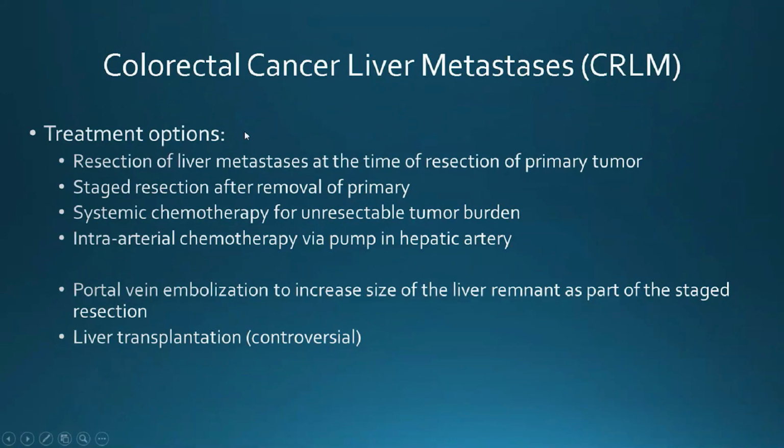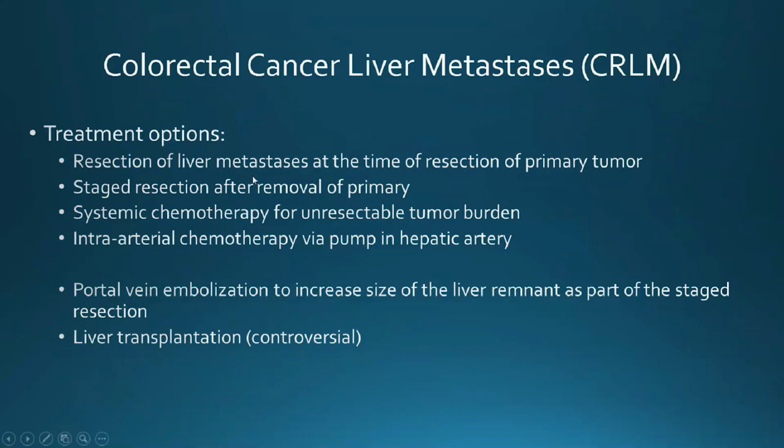Treatment options that we have for these patients: resection of liver metastasis at the time of resection of the primary tumor, where some groups resect the primary tumor and take care of the synchronous metastatic lesion. But some groups prefer to remove the primary tumor and do staged resection of the liver metastasis.